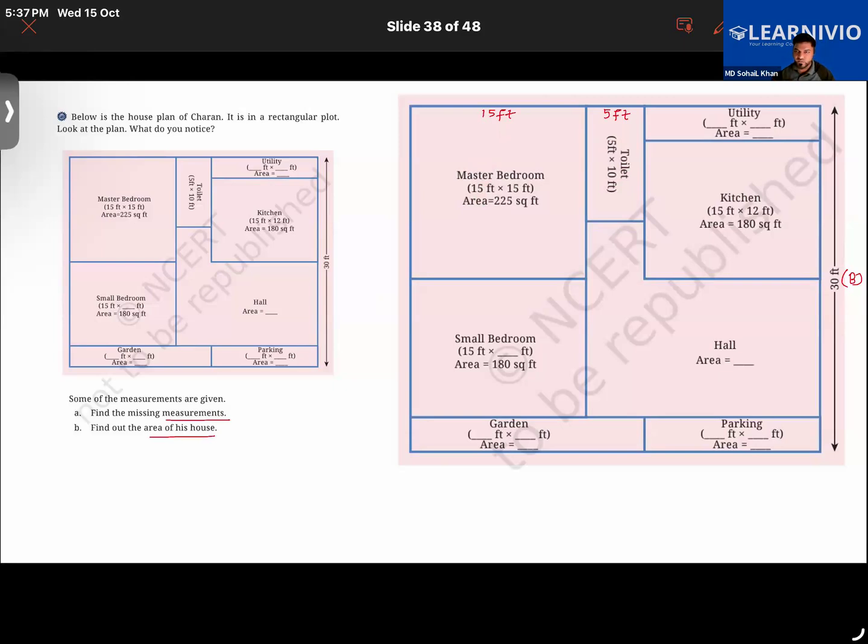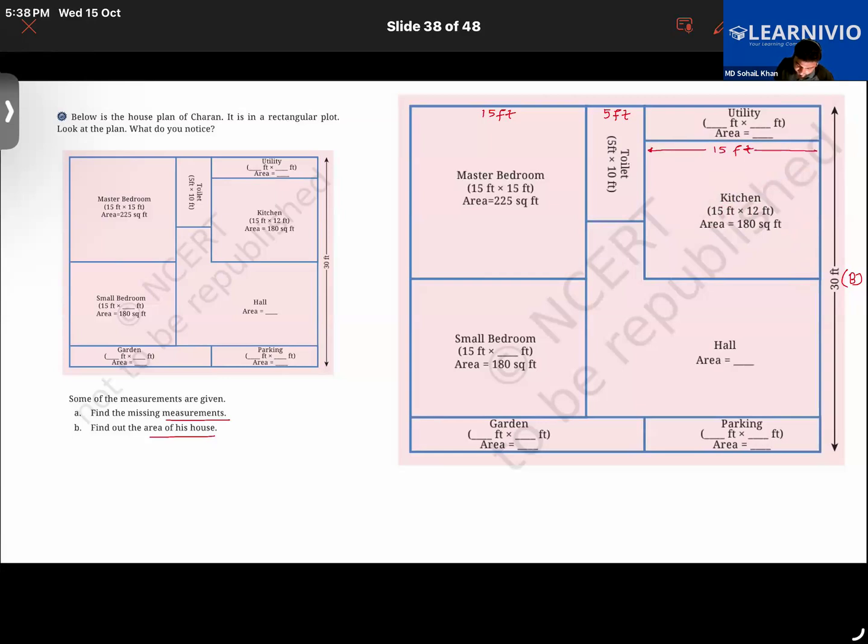Now you look at the kitchen here. Because in the utility room nothing is given. In the kitchen, length and breadth is given, right? So this one is going to be the length, and this one is going to be the breadth. That is the breadth, 12 feet, and that one is equal to 15 feet.